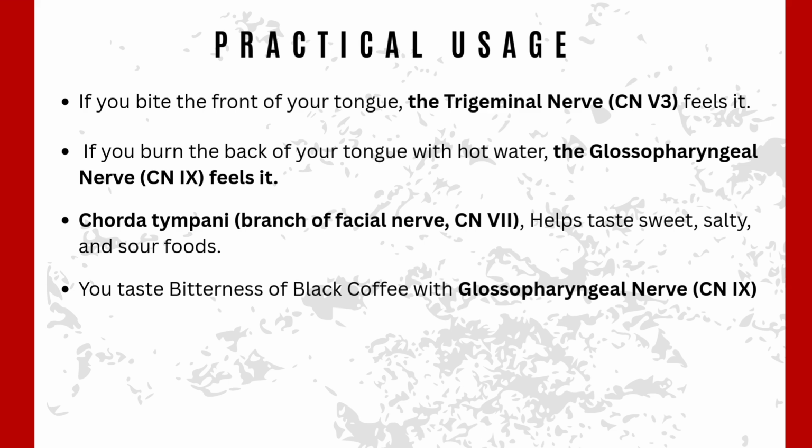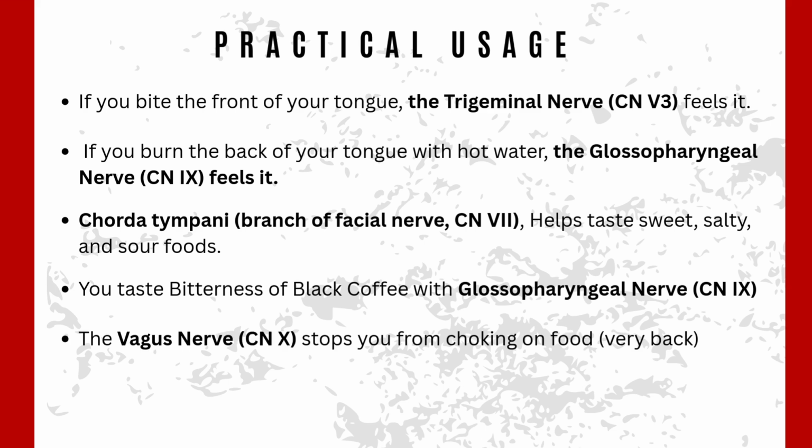And why don't you choke on food? That's because of the vagus nerve, which is cranial nerve 10, which helps to control the very back of your tongue and throat, stopping food from going down the wrong way. So whether you're enjoying your favorite snack or feeling the burn of hot food, these nerves are always working behind the scenes.